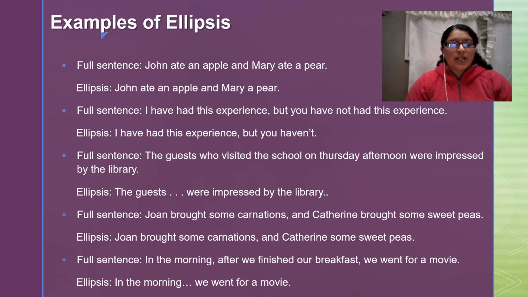This verb is repeated in the last sentence. This example is similar to the third sentence, in which an ellipsis that replaces missing words is sometimes placed in square brackets.